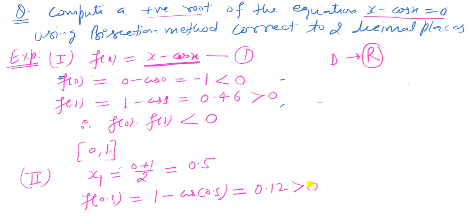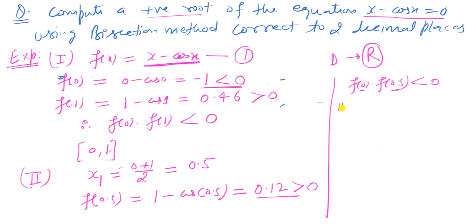So according to the steps of the bisection method, in every step apply the intermediate value theorem. So here this functional value is positive, but in step 1 this functional value is negative. So therefore f of 0 into f of 0.5 is less than 0. Now the root is lying between 0 and 0.5.